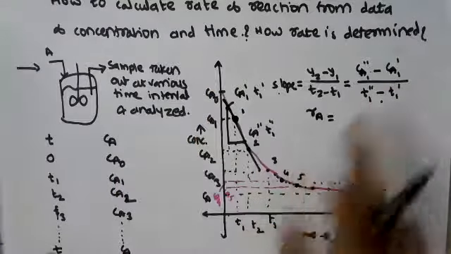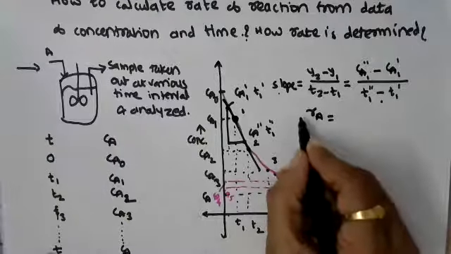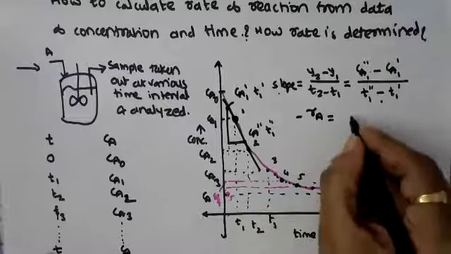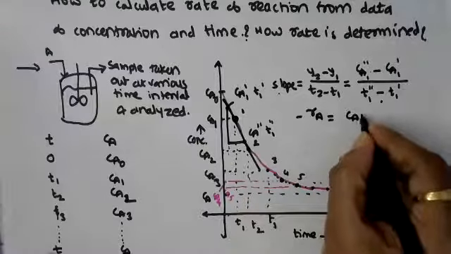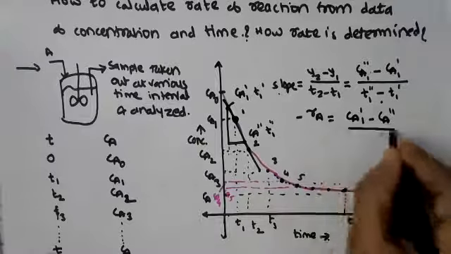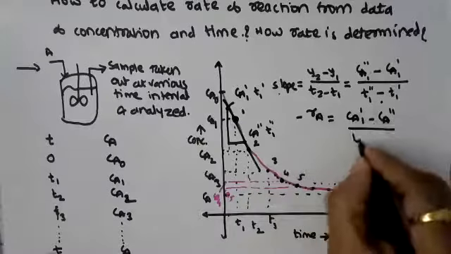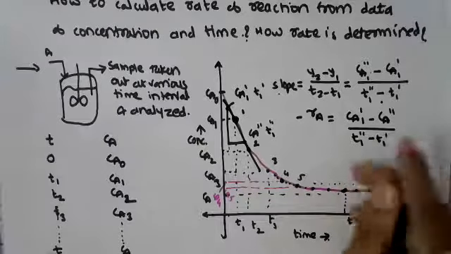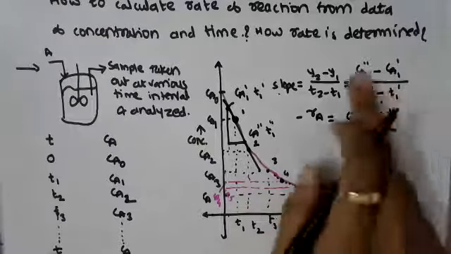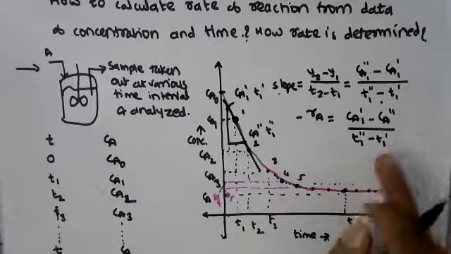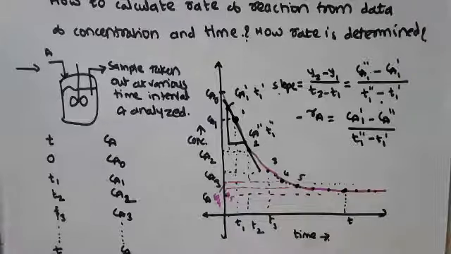Therefore, I will multiply this by a minus sign, and what I will get is Ca1 dash minus Ca double dash, divided by t1 double dash minus t1 single dash. Because of the negative sign, there is just a change in the position of these concentration terms, and now this will be positive.